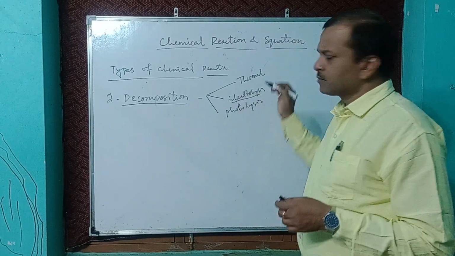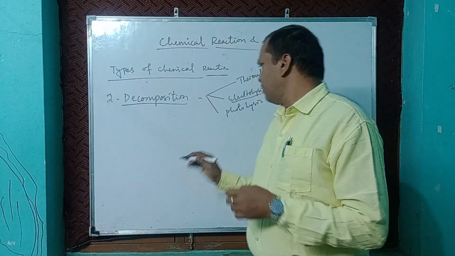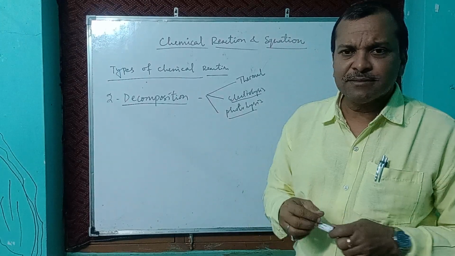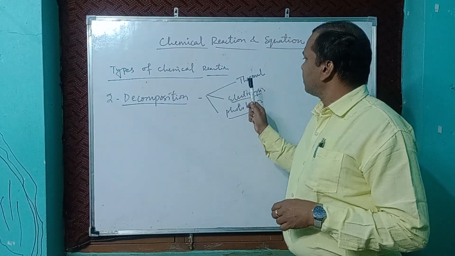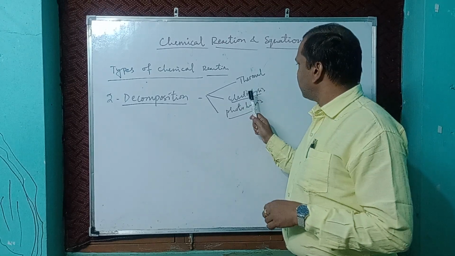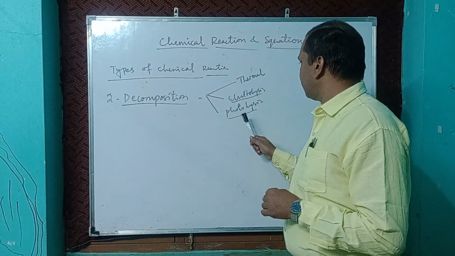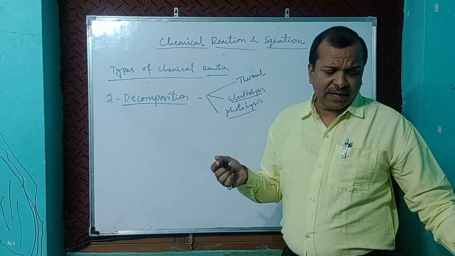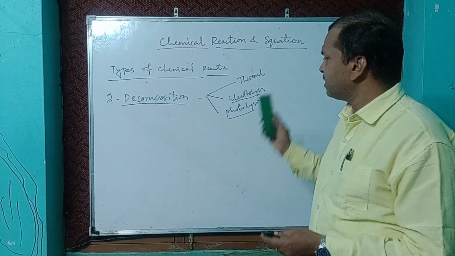Electrolysis means what? Here electricity is required. Photolysis means what? As we know that photo means sunlight. Here sunlight is required. Here thermal heat is required. Electrolysis electricity is required. Photolysis sunlight is required. I will give an example of each and every one.